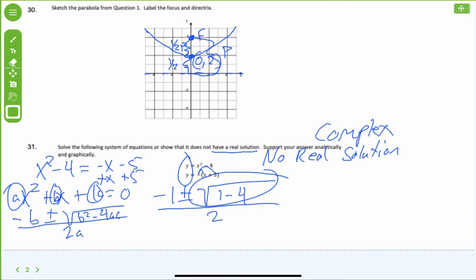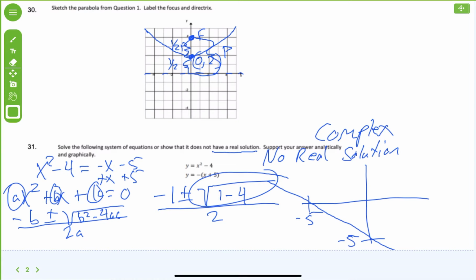And if I was to graph this, I do have a parabola and a line. Well, the line has a negative slope and it passes through at a -5. And this will be a -5 as well. So it's going to look something like this.